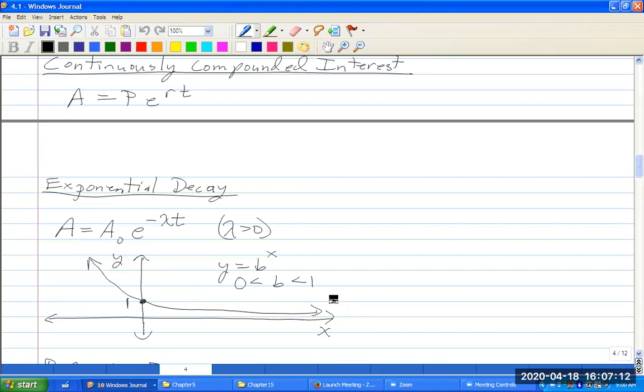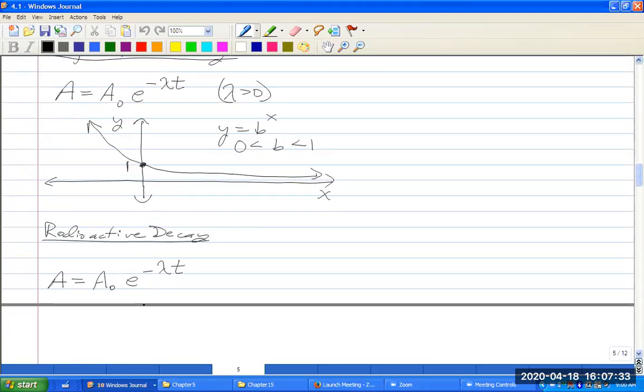It is always decreasing, concave up. It has a horizontal asymptote at the x-axis, y equaling 0. There are no x-intercepts, but there's a y-intercept at 1. Things that exhibit exponential decay: radioactive decay is the usual model that we give.